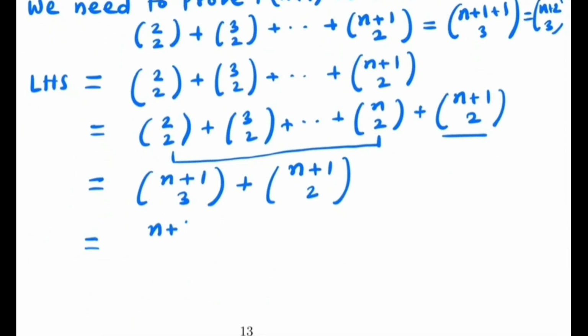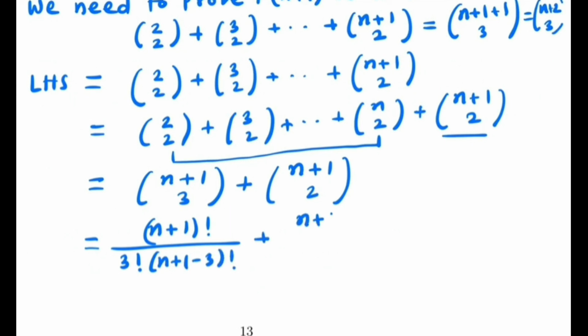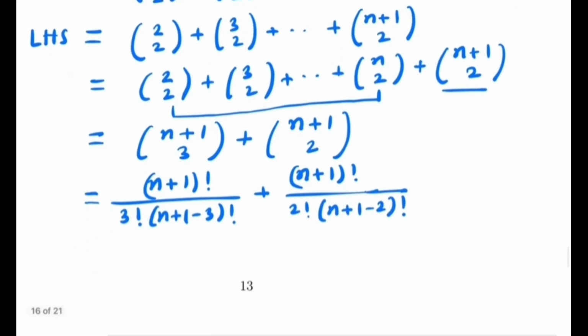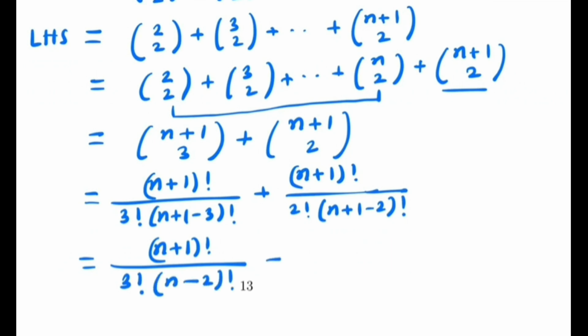So it is n plus 1 factorial by 3 factorial into n plus 1 minus 3 factorial plus, again we have n plus 1 factorial by 2 factorial into n plus 1 minus 2 factorial. So it will be n plus 1 factorial by 3 factorial into n minus 2 factorial plus n plus 1 factorial by 2 factorial into n minus 1 factorial.